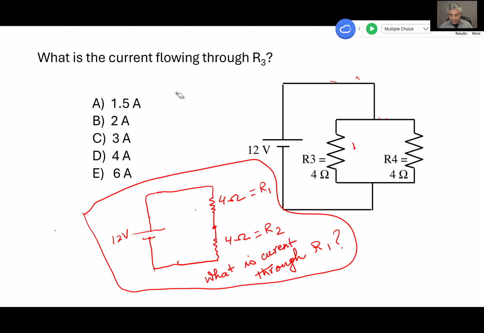And the choices are still the same. Okay, so what do you think?